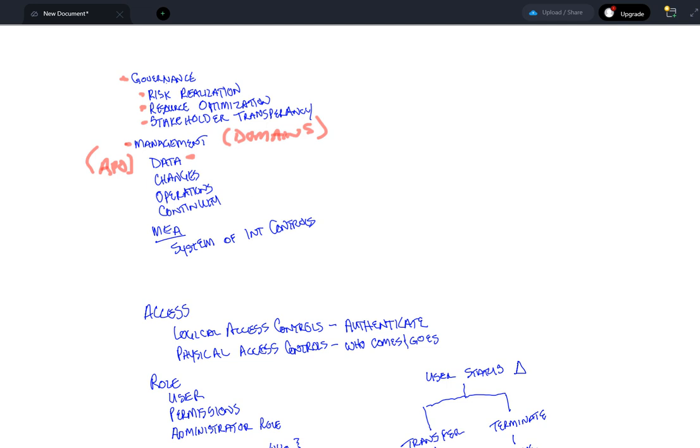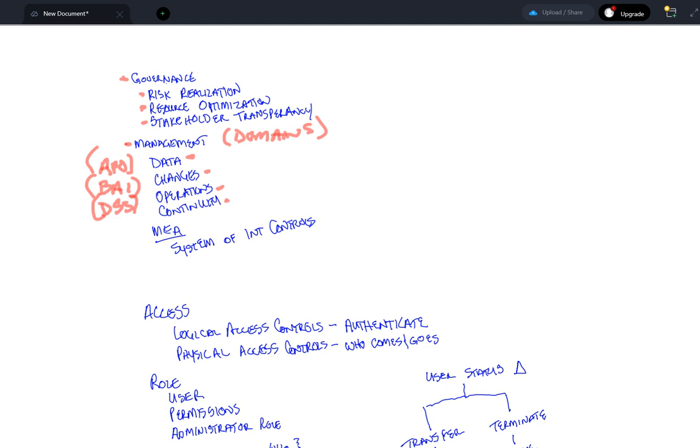When we look at build, acquire, and implement, BAI, our primary focus is managing changes. When we look at deliver, support, and services, we're primarily looking at managing operations, which includes dealing with continuity and end user processes.